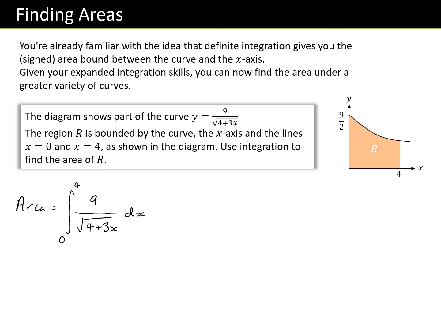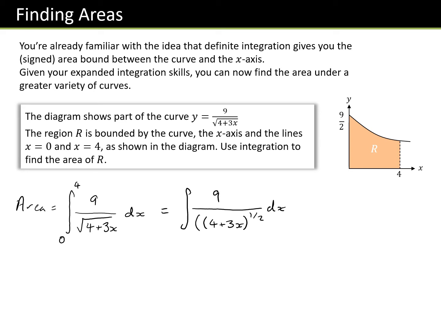This is something you'd have just done in year 12. However, now is when the year 13 stuff comes in, the actual integration of it. Now, the bottom of this fraction, it's a square root, isn't it? So you could write it as (4 plus 3x) to the power of a half, with 9 on the top.